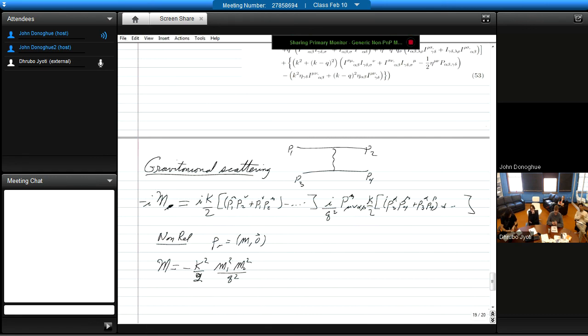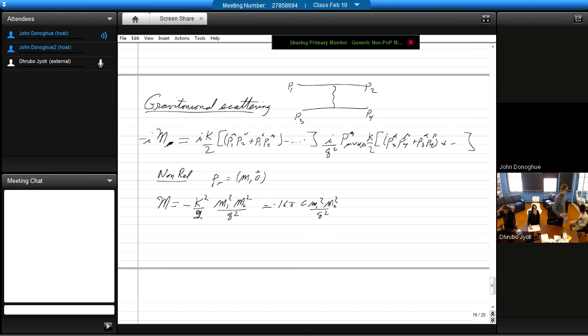These are 2's. This actually becomes kappa over 2 is really the right answer, which goes like 16 pi G m1 squared m2 squared over q squared.